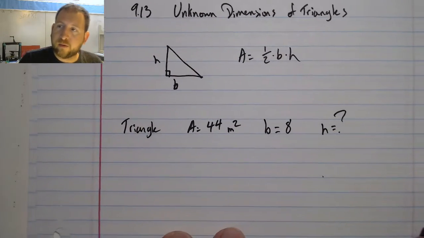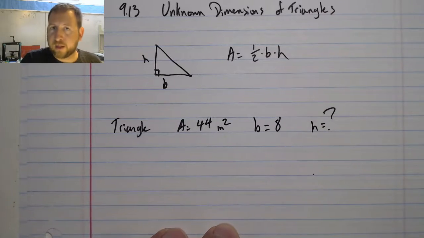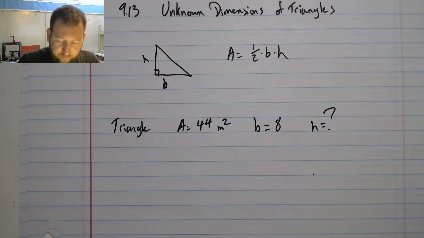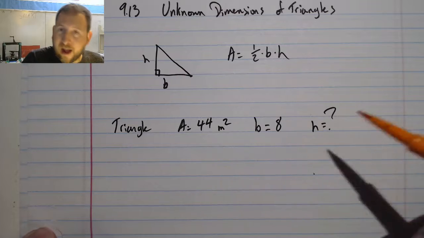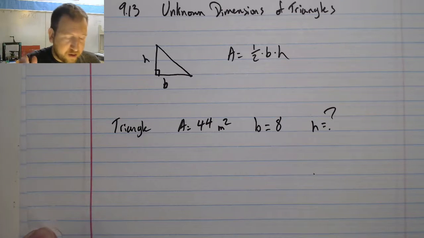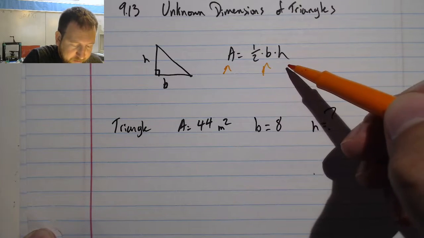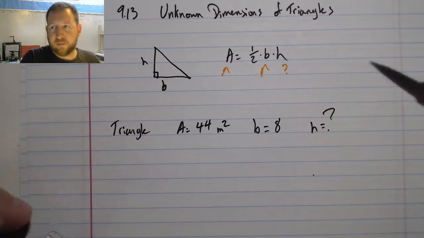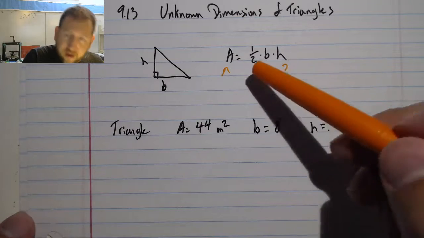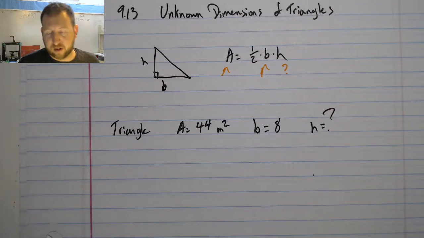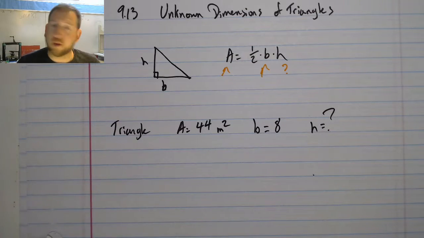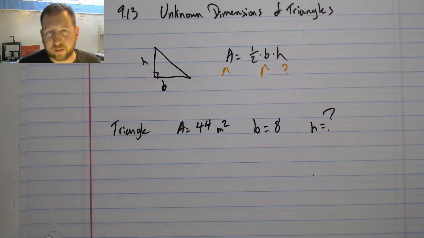In this case, we can use this formula again, because remember, I can only solve if I have one unknown and I know everything else. I know my area, I know my base, but I don't know my height. And that's going to be just fine. I'm going to have to do some algebra instead of just being able to plug it in and get the answer out, which is a little bit different.